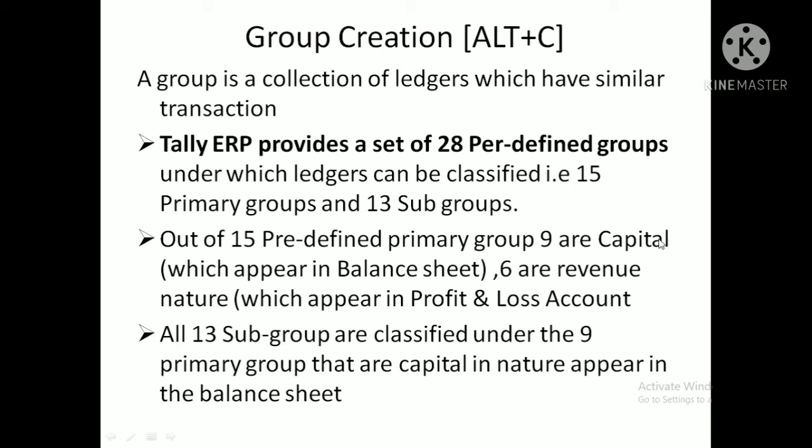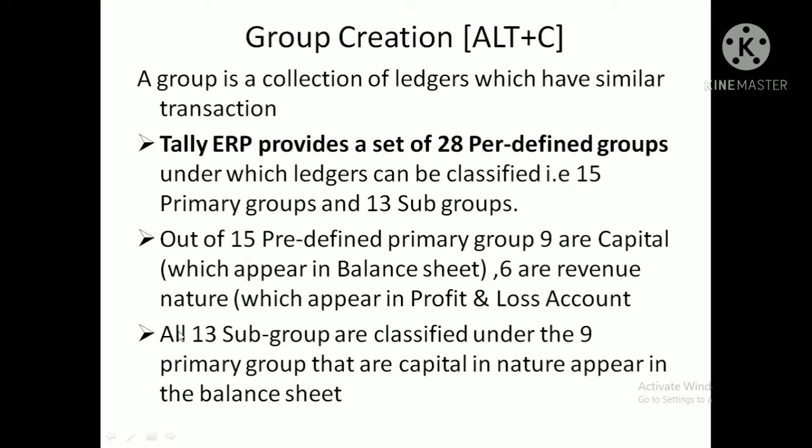Capital nature is nothing but the inflow of capital or cash in the form of investment. So those 9 predefined primary groups will appear in the balance sheet, because they are related to investment or capital. The remaining 6 are in the nature of revenue, so they will appear in the profit and loss account.